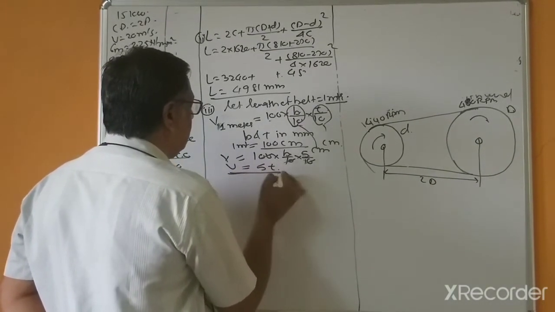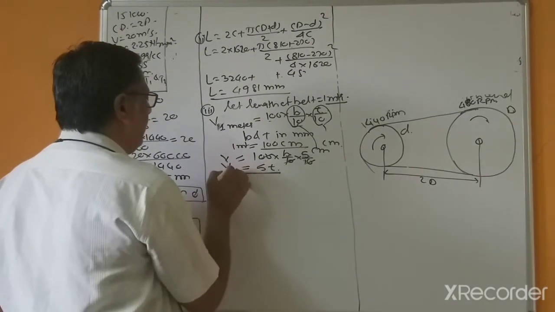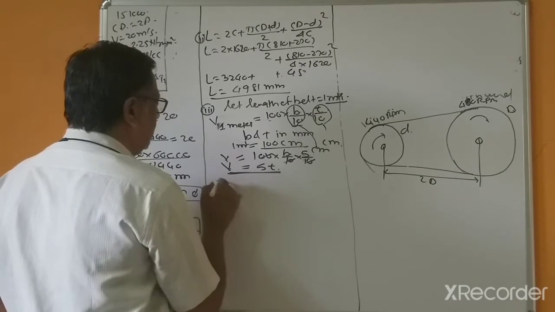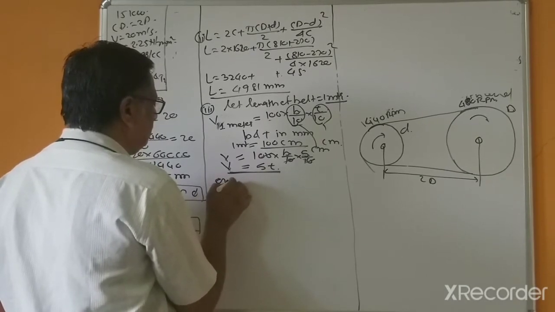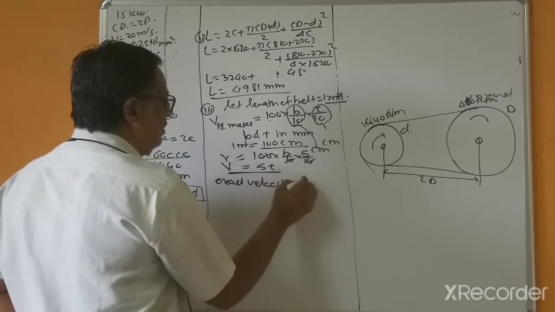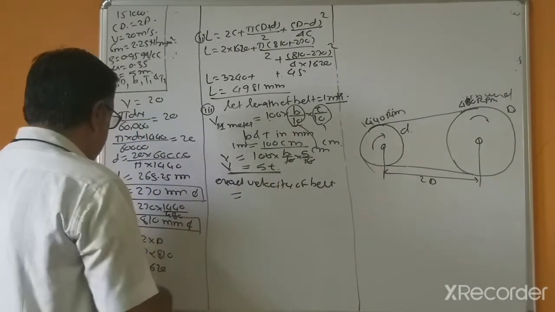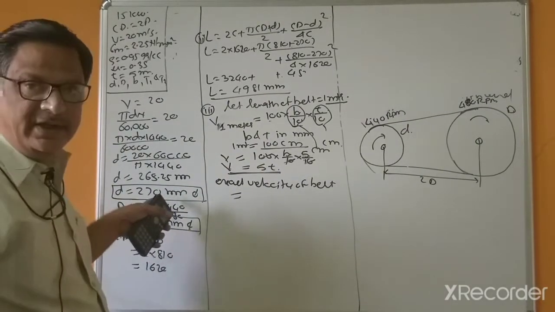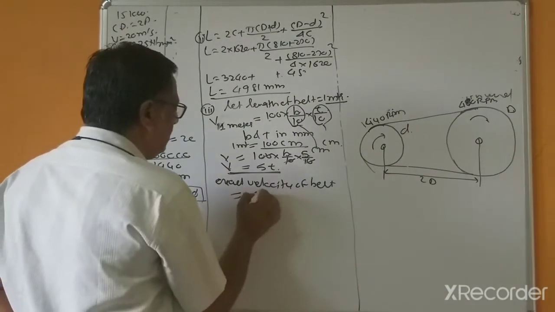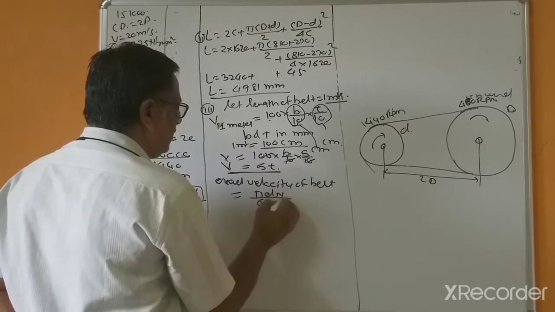Now the exact velocity of the belt: because the diameter slightly increases, velocity equals pi d n divided by 60,000.